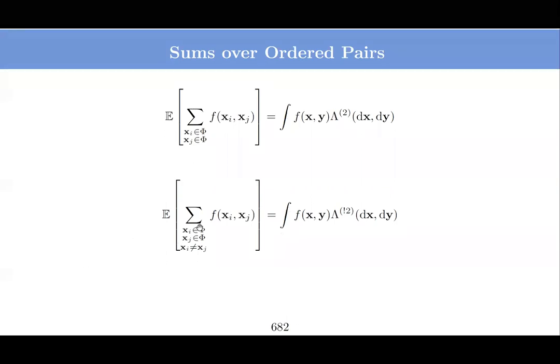Similarly, for the factorial moment, for the summation over non-duplicate pairs, where all pairs are such that they are not repeated, the expectation will be given by f(x,y) integrated against the second order factorial moment measure of dx comma dy.